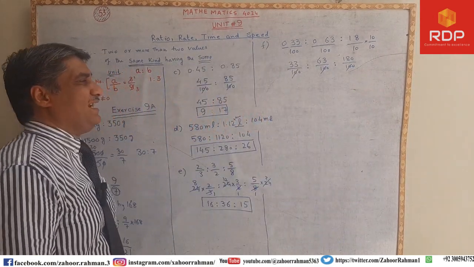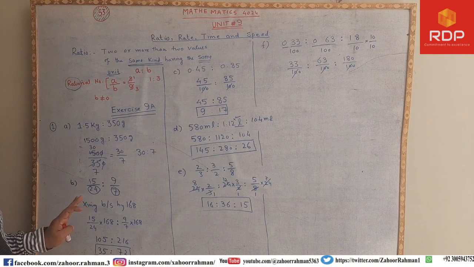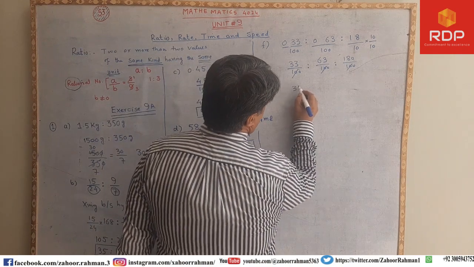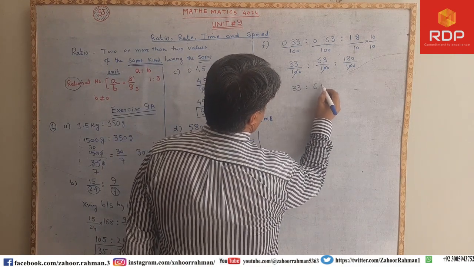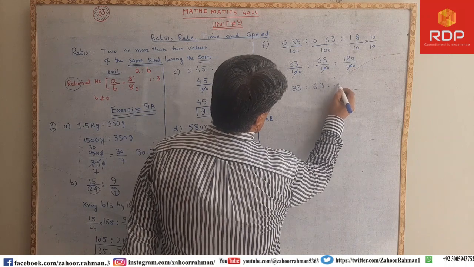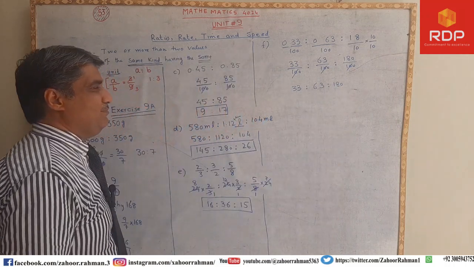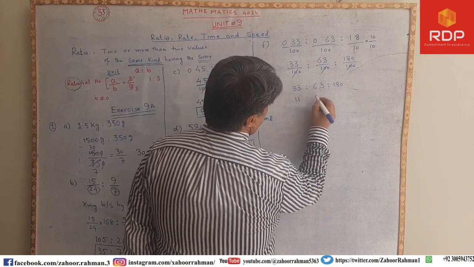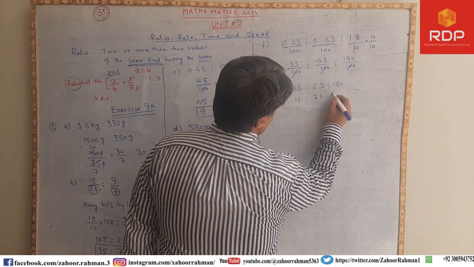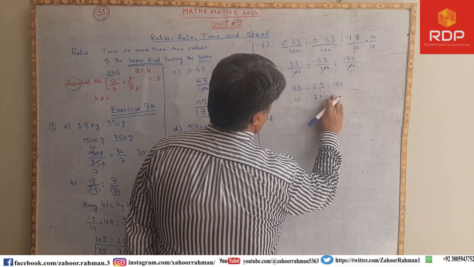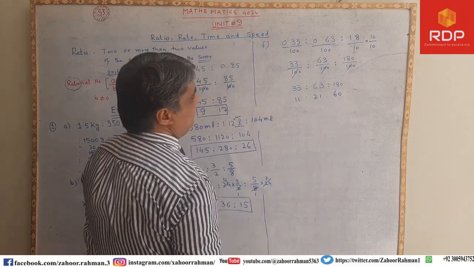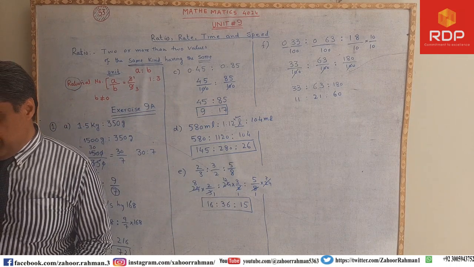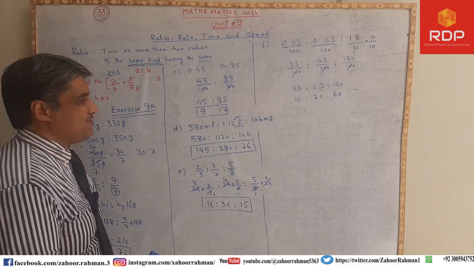We can cancel it by multiplying each term by 100. So now we can see that 33, 63 and 180 can be further divided by 3. So 11 and 21 and 60, not further divisible by any number. So that is the answer.